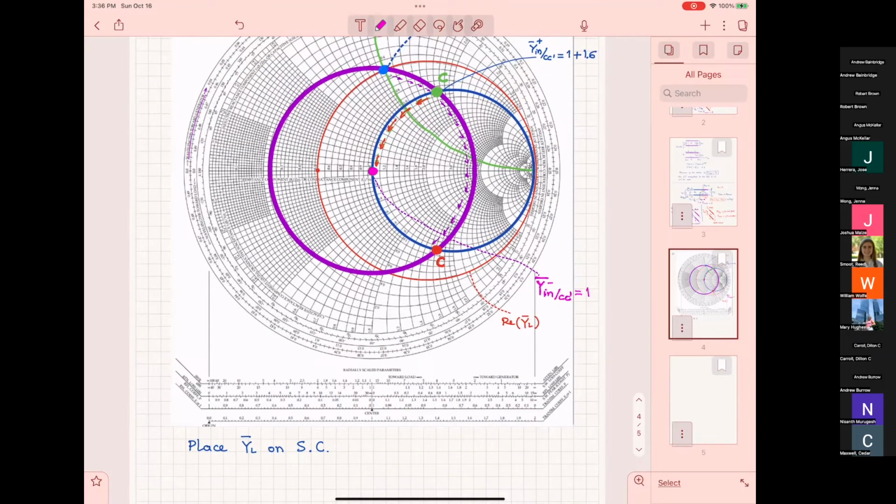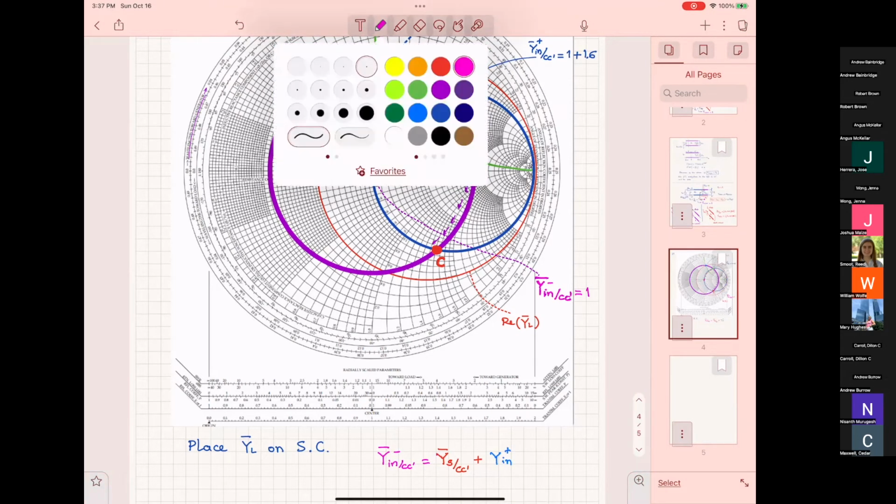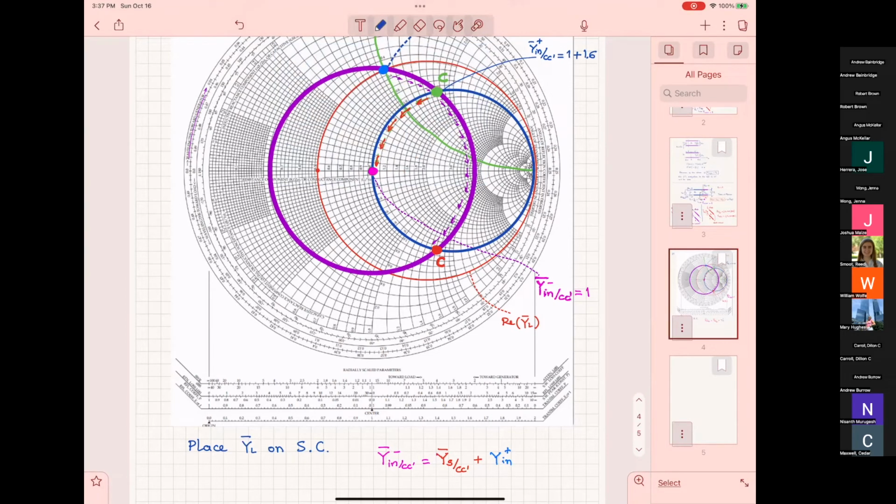What we have said before is y input at C prime normalized is equal to y of the stub, which is red, ys of the stub at C prime, plus the blue, which is y in, the green dot anyways, to the right of C prime, and that is then C prime.